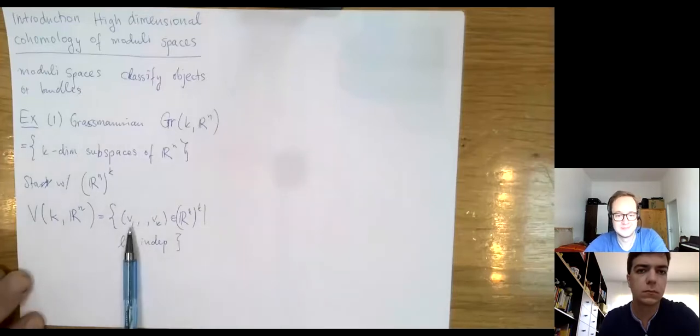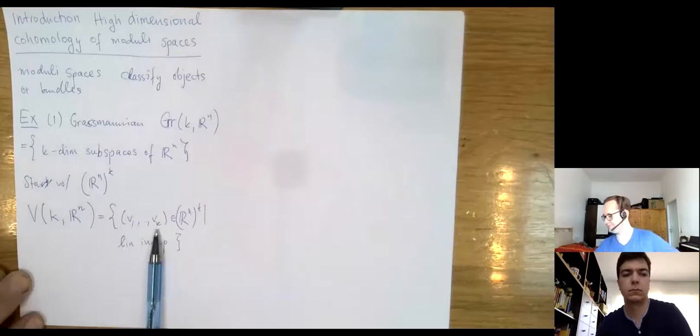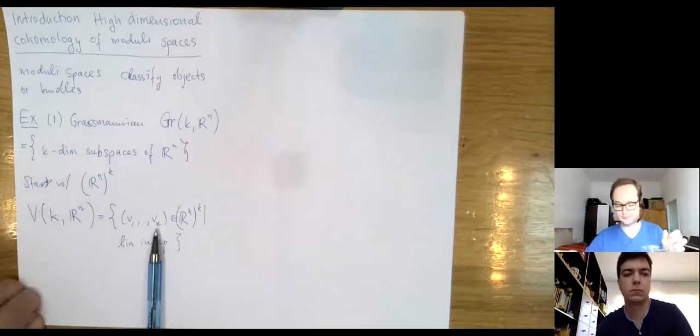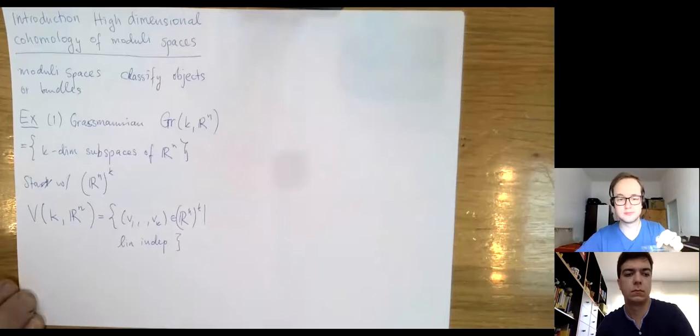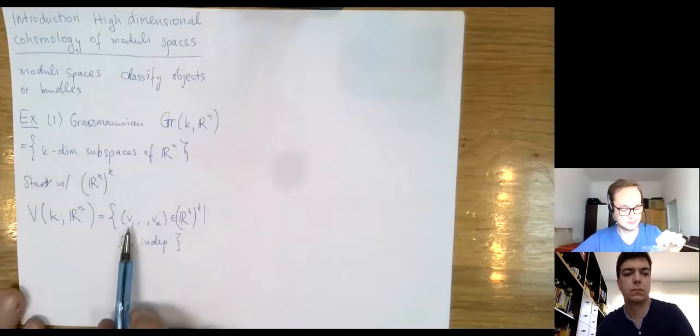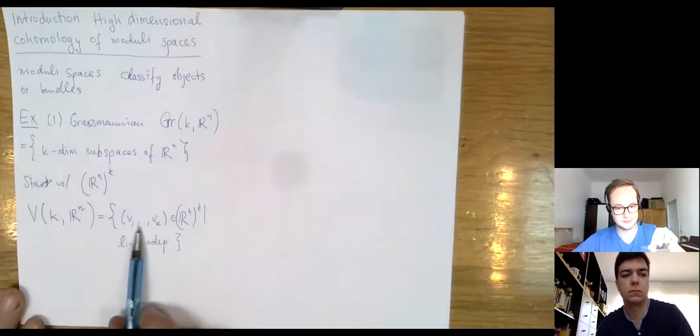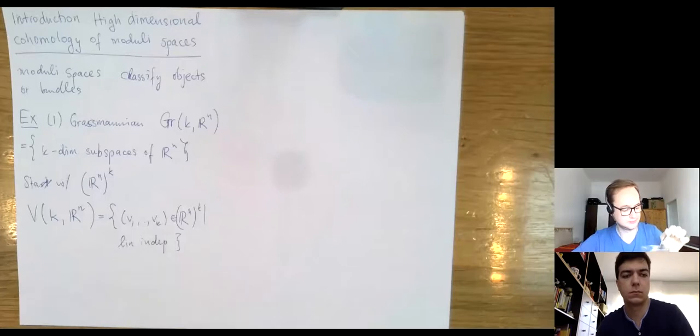And then now you can act with the general linear group of k times k matrices on these vectors and mod out by this. Or in other words, you can just think of the quotient. Every tuple is the same if they span the same vector space.